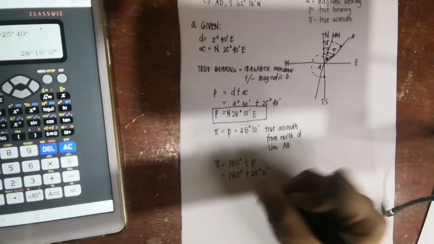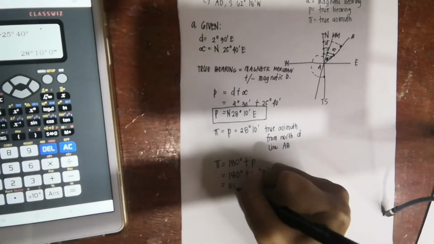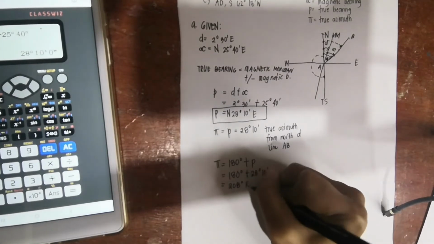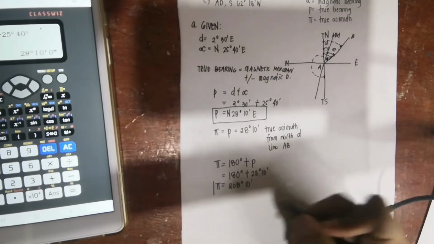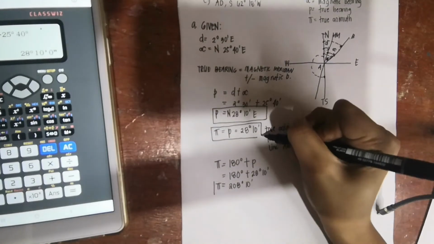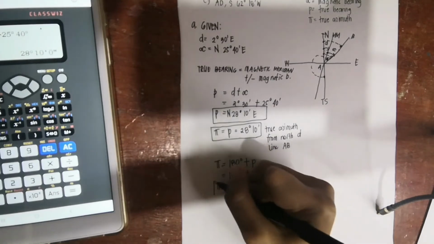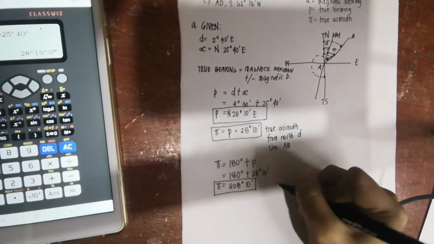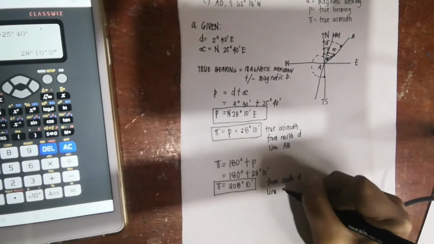Using the calculator, the answer is 208 degrees and 10 minutes. This is the true azimuth from south of line AB.